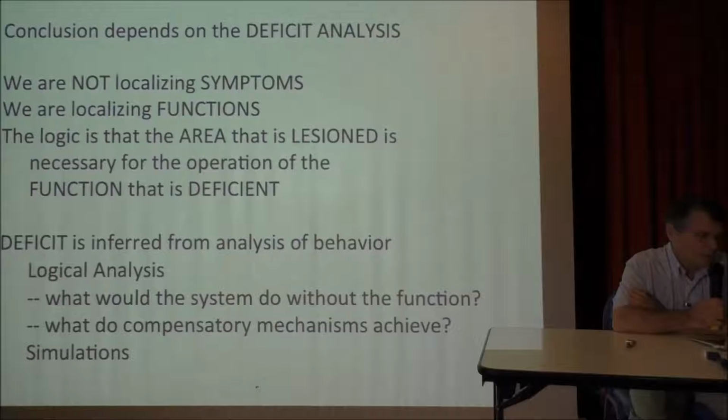So the deficit is inferred, as I said here, from analysis of behavior, which is partly a logical analysis. What would the system do without that function? And what do compensatory mechanisms achieve?